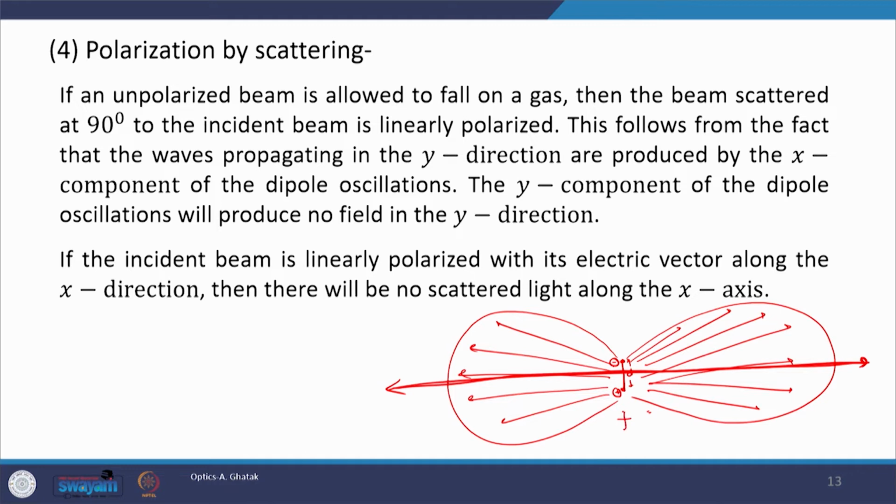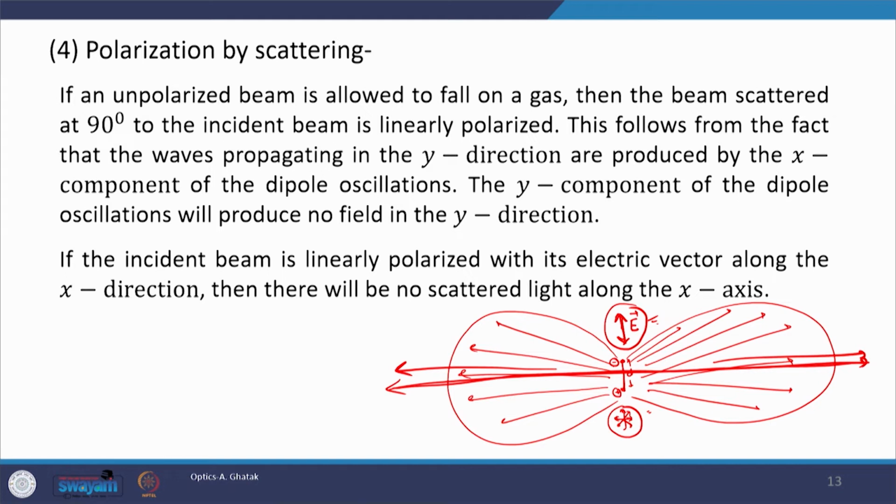Suppose we launch unpolarized light on this dipole, then out of the n number of directions of vibration, the field component which is along the length of the dipole, this field component which is a function of time, will make the dipole oscillate, and therefore it will get absorbed into the dipole, and after the absorption the dipole will radiate in this direction, and this emission would be perpendicular to the vibration of the initial field.